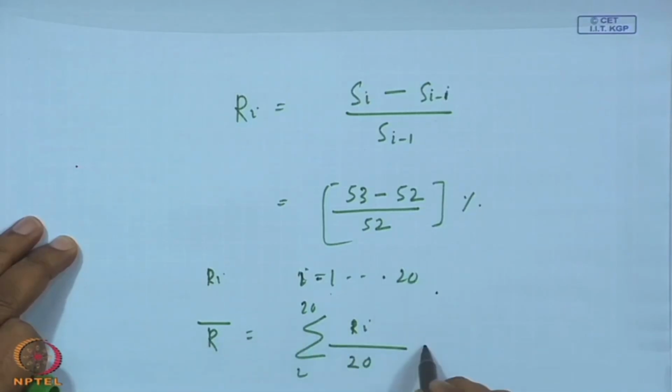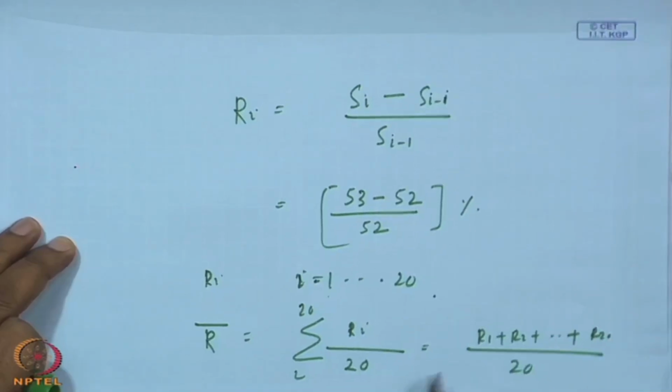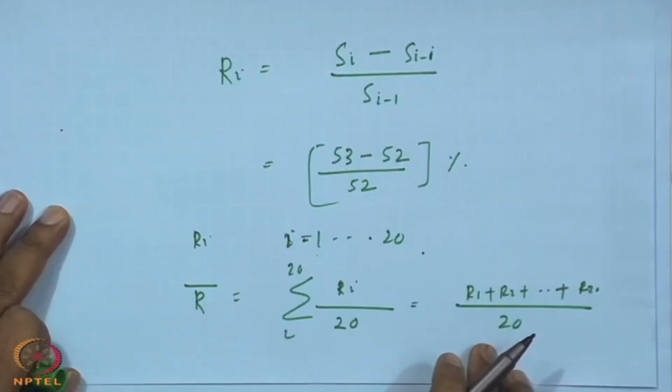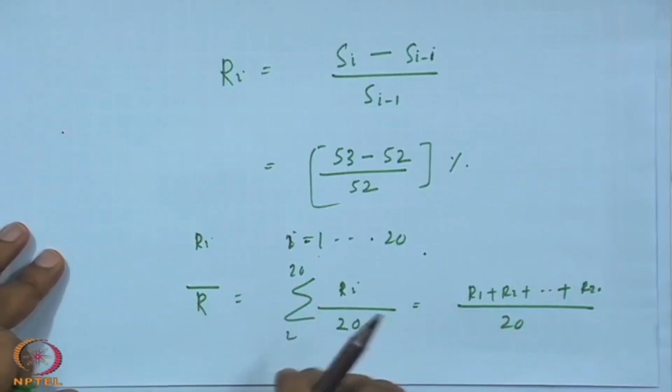So, we calculate R1 plus R2 and so on up to R20, divided by 20, to get the mean return, R bar. This is the mean return calculation.